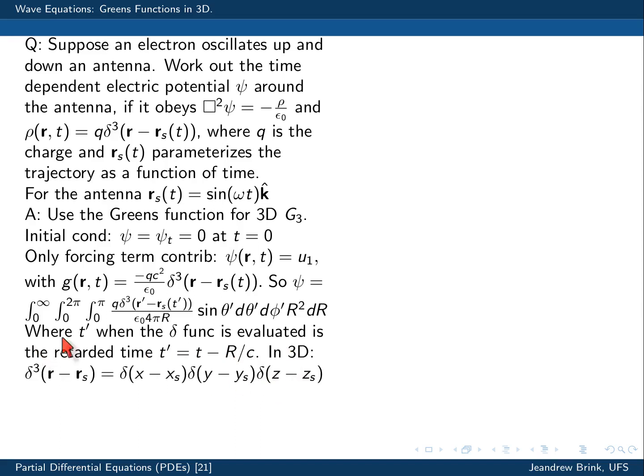Okay, so now, to evaluate this, there's a feature of delta functions that you may not be familiar with. In 3 dimensions, the delta function of r minus rs is very easy. It's simply infinite at the particular point rs, and it can be written as the product of these delta functions.